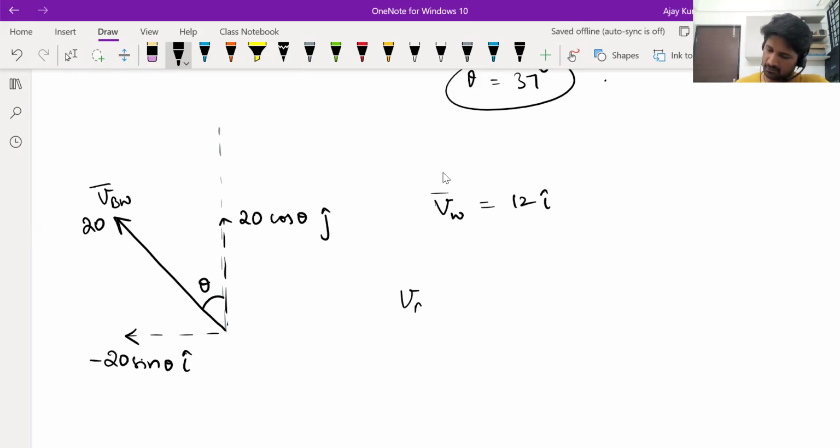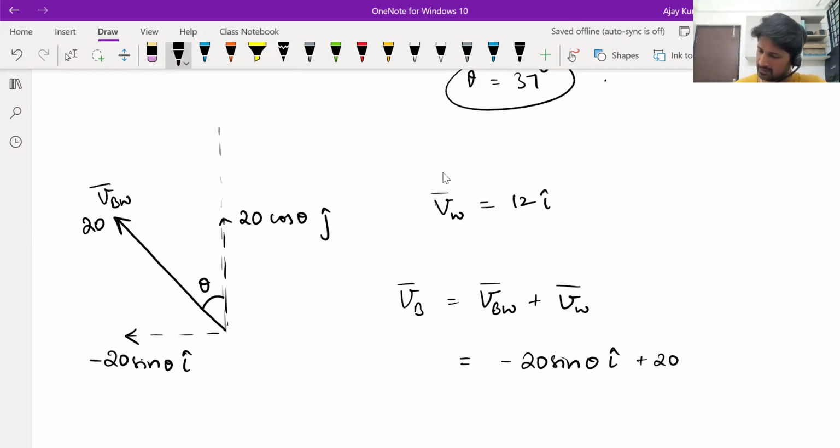Now you can write the effective velocity of boat: velocity of boat with respect to water plus the velocity of water. Boat with respect to water, as a vector, is minus 20 sine theta i cap plus 20 cos theta j cap. The velocity of water is 12 i cap.